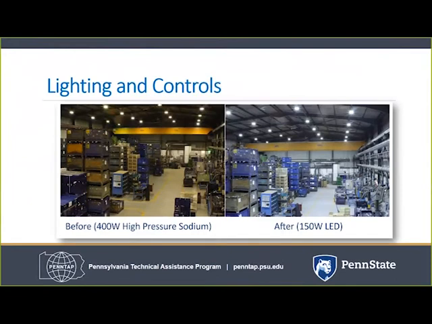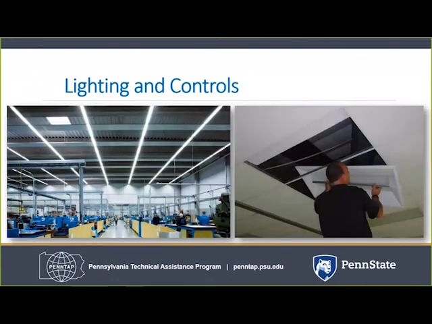The quality and quantity of illumination can improve dramatically when LEDs replace older bulb types. These illustrations show the dramatic improvement in illumination provided by LEDs that replaced high-pressure sodium bulbs. These images show LED replacements for fluorescent bulbs in an office and a production workspace.